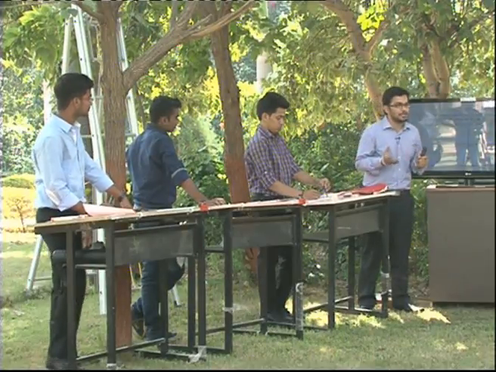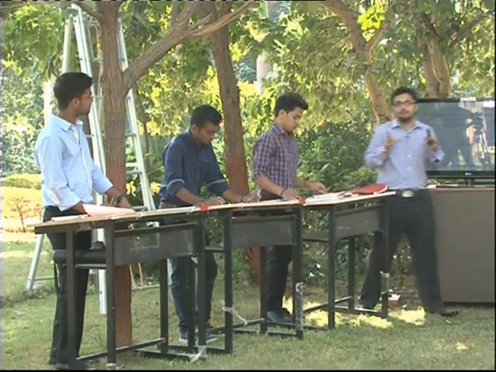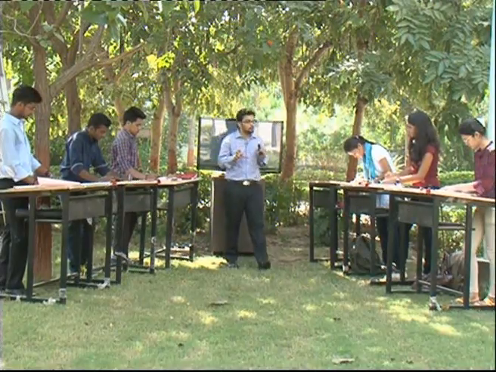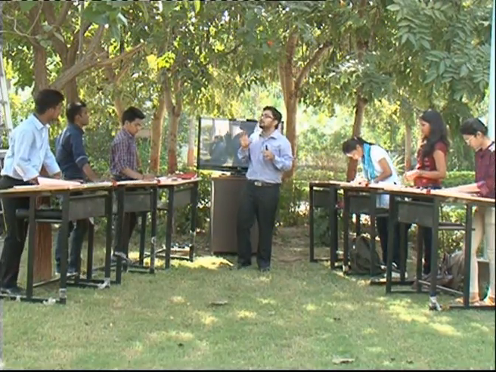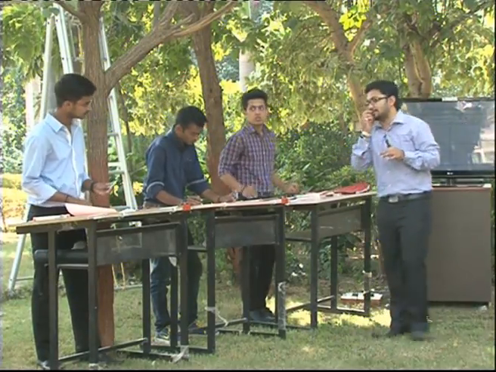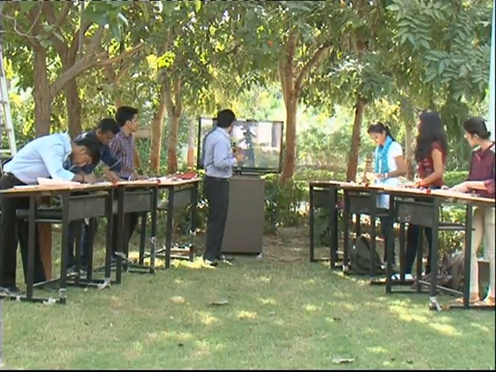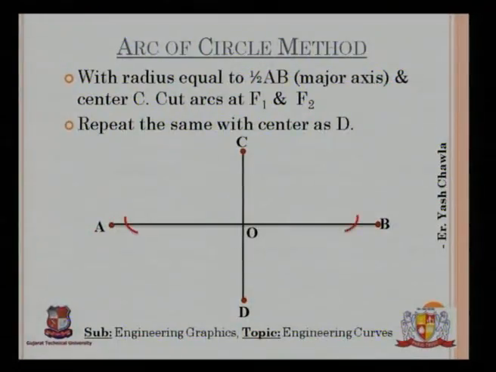So what we have to do next is find out the focus. For finding the focus, we will take the radius equal to half of the major axis, and with C as center we will cut 2 points on AB. One will be F1 and the other F2. Okay.